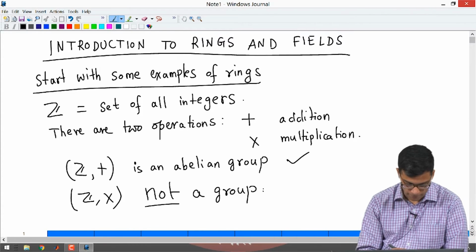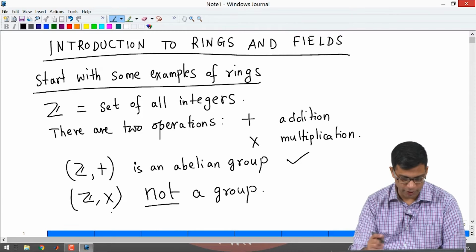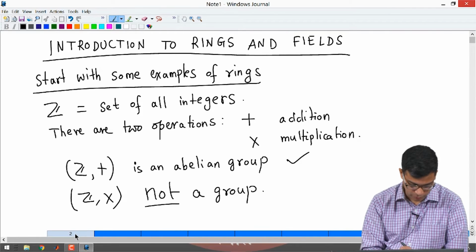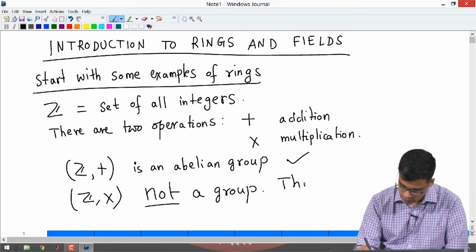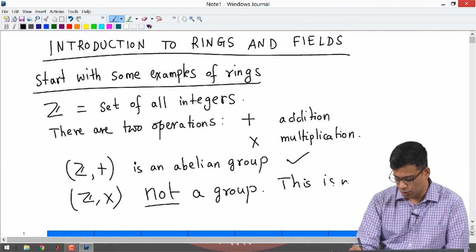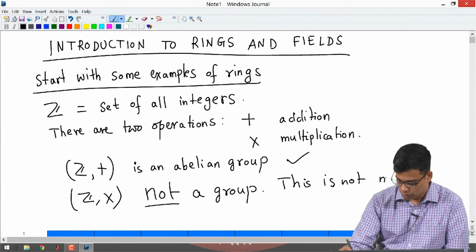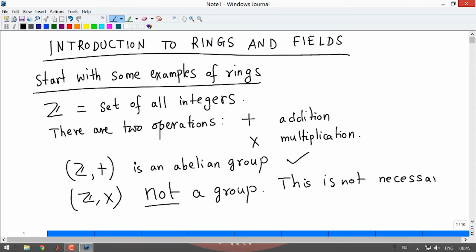So, it is not a group, but for a ring we do not care whether multiplication is a group or not. This is not necessary for a ring. So, this is the first important point.